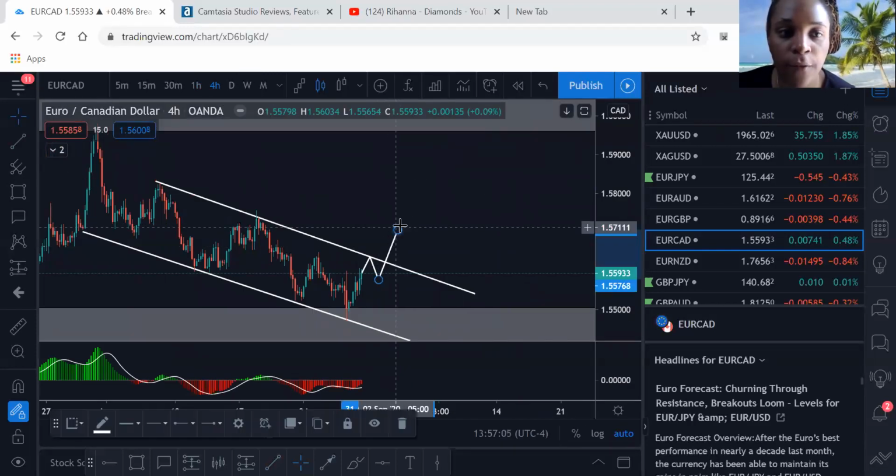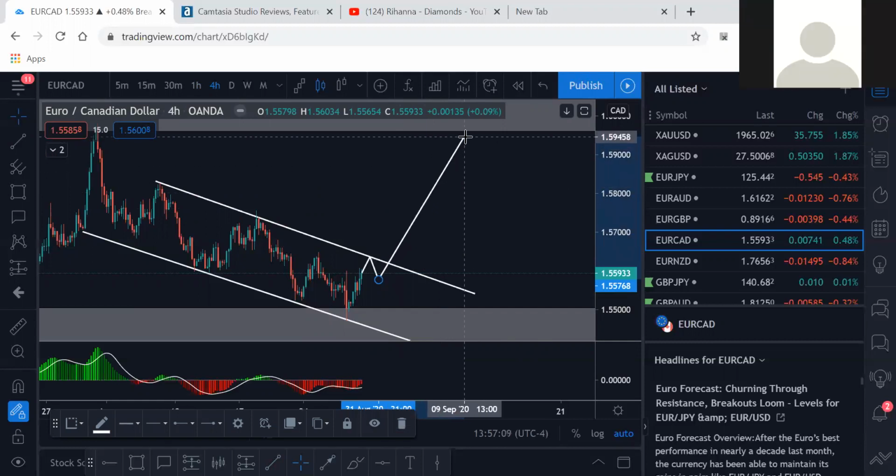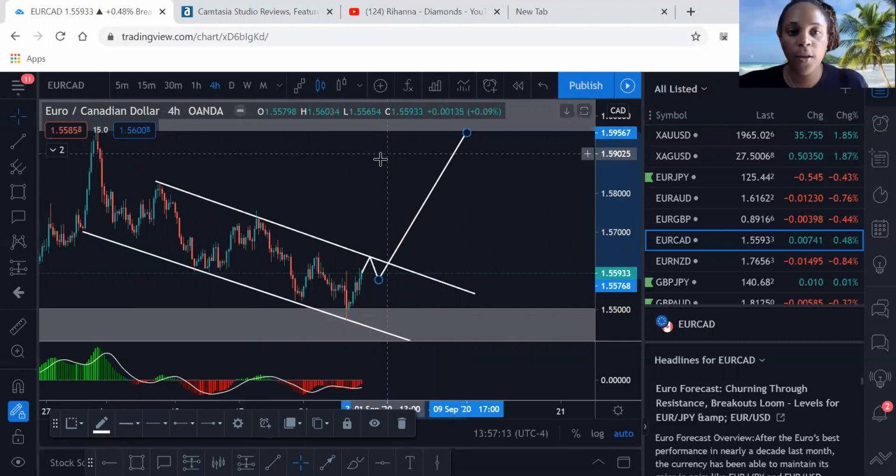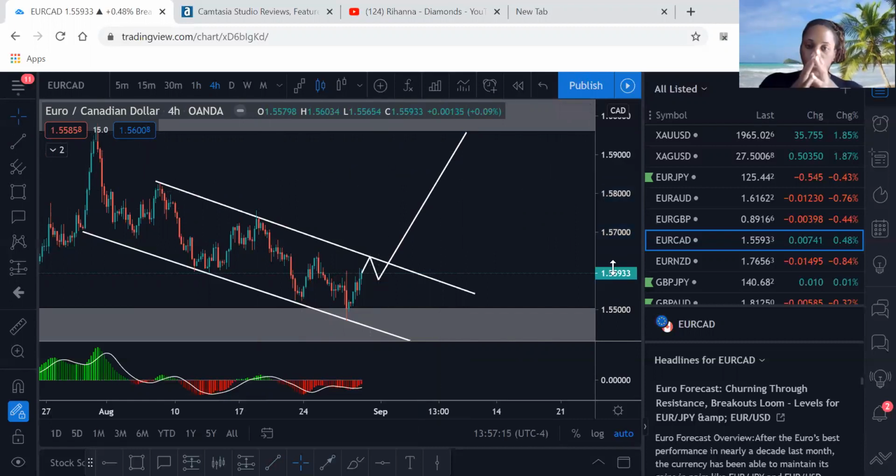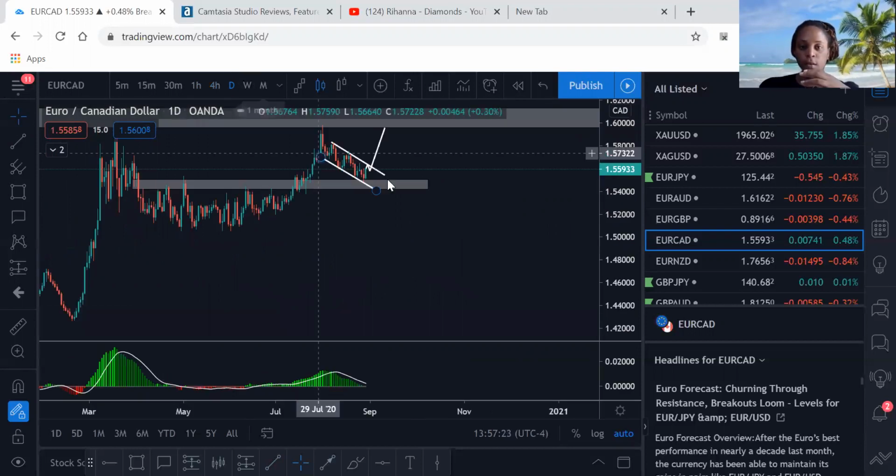And then if you look at the 4-hour time frame, this is a bullish flag. So there is a high possibility that price is going to come all the way up to give us another touch of our weekly resistance zone.